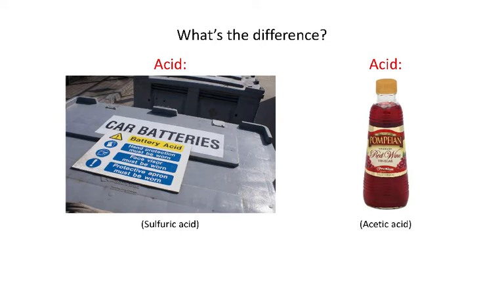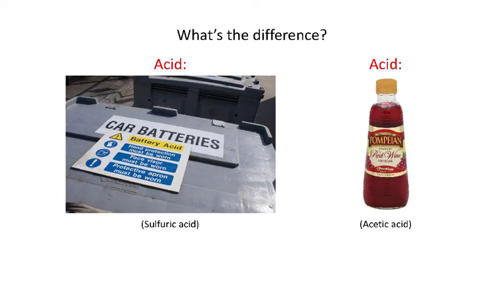But clearly they're very different, right? Sulfuric acid in your car battery, you're going to want to stay away from that. The Pompeian red wine vinegar, you're going to want to eat that, right? So they are not the same, but they're both acids. So clearly there's a broad spectrum of what it means to be an acid.